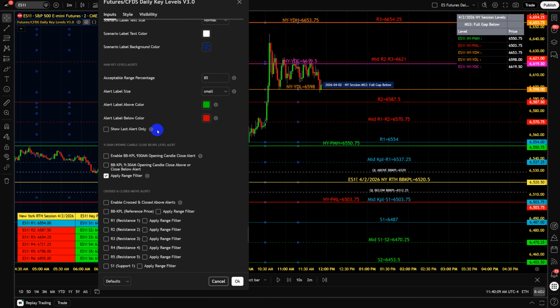Show last alert is a filter that you can turn on that, when enabled, only the most recent alert label per key level and direction is shown. So what this is, is a decluttering filter.